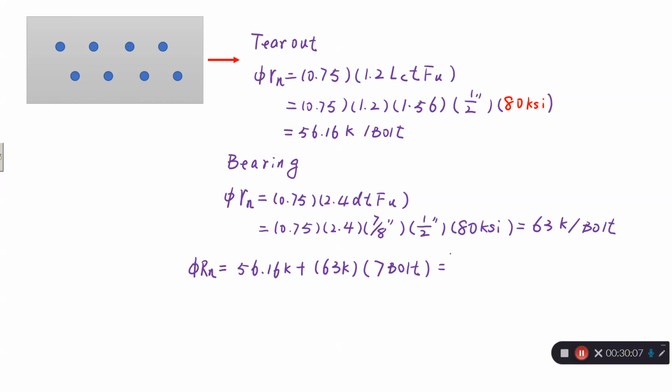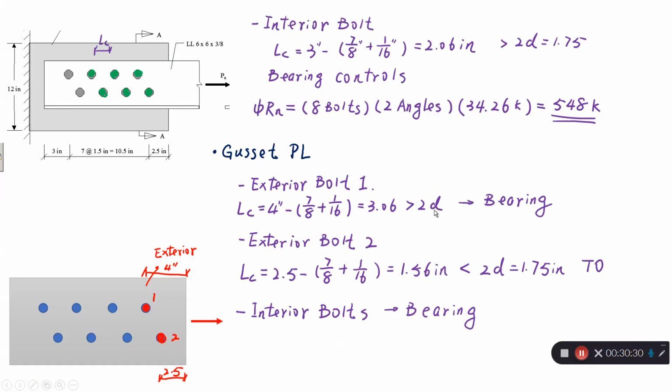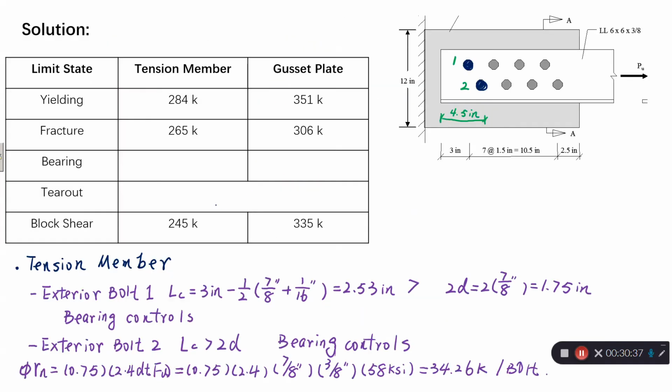Okay, and I got 497. And then let's complete the table. The bearing capacity we got for the tension member is 548 and the gusset plate 497. Okay, so let's combine them all together.